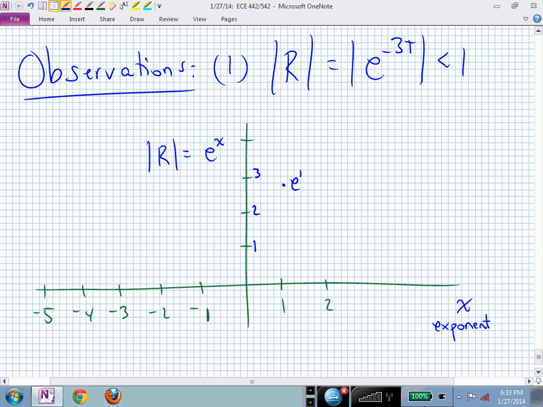It's a little less than 3 squared, so it's a little under 9, isn't it? But it's bigger than 2 squared, which is 4. So we're between 4 and 9. Better be bigger than 2.7, obviously. It's 7.39, 7.4. I can't even put it on here. It's really going up there in a hurry, isn't it? So it's way up here.